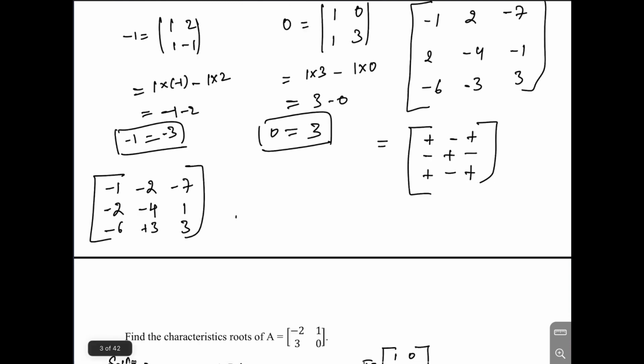So we need to find out the adjoint of A. We have to change the rows into columns and columns into rows. So we'll get minus 1, minus 2, minus 7, minus 2, minus 4, 1, as well minus 6, 3, 3 here.